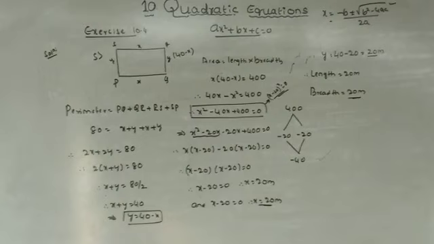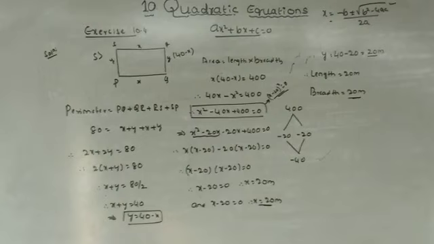Solution. What is the meaning of perimeter? Perimeter means the sum of all four sides: PQ plus QR plus RS plus SP. The perimeter given is 80 meters. So 80 is equal to X plus Y plus X plus Y, so 2X plus 2Y is equal to 80.